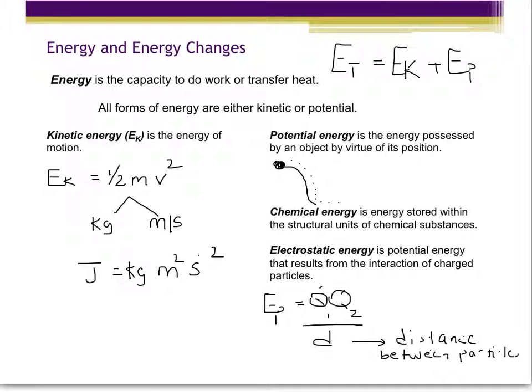My stylus is writing a little bit wide, so this is the distance between two particles. And these are charge 1 and charge 2, charges of 2 or more particles.